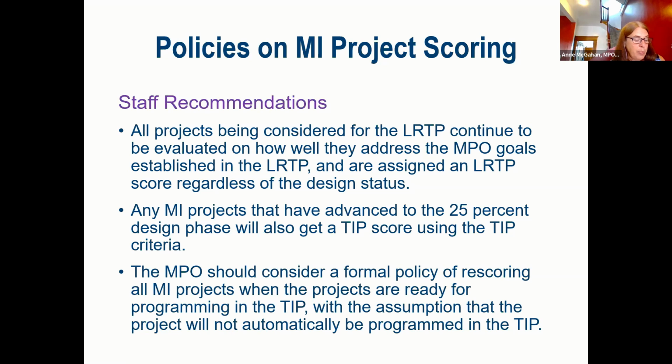Using the same LRTP criteria, each project will be assigned an LRTP score regardless of its design status. And any major infrastructure projects that have advanced to approximately 25% design will also get a TIP score using the TIP criteria. This will provide a comparable set of scores for all LRTP projects, plus extra TIP scores for those that have advanced in their design.